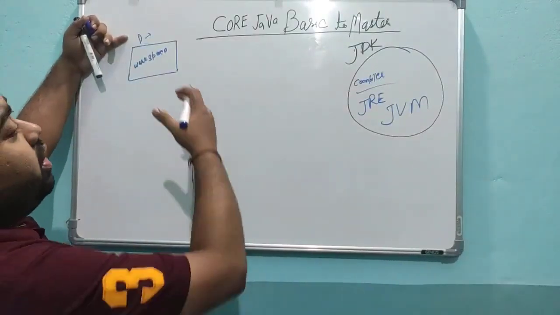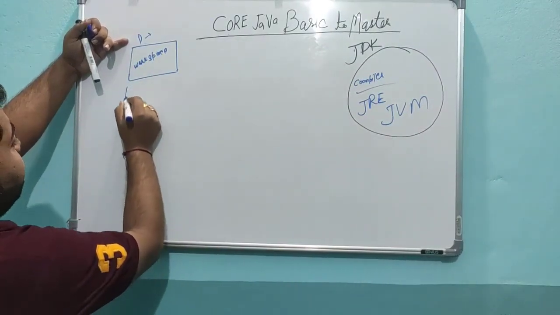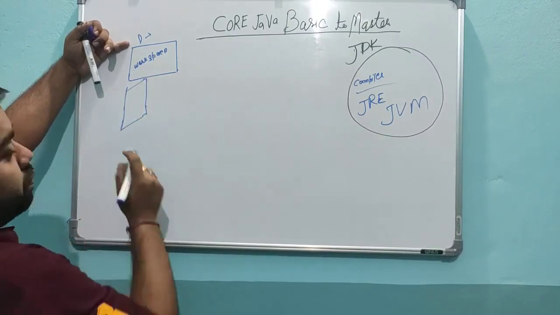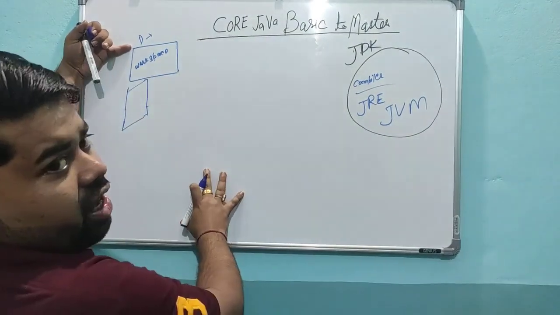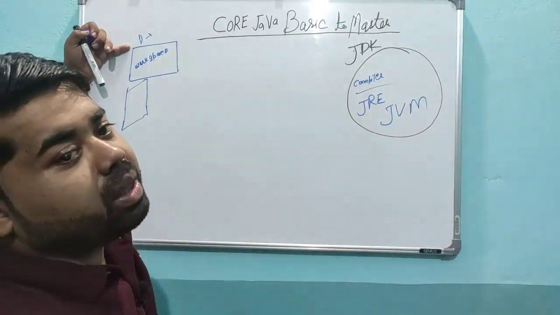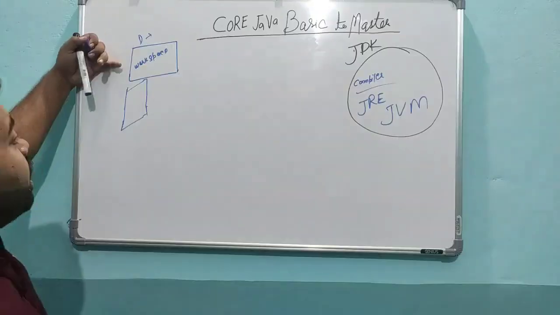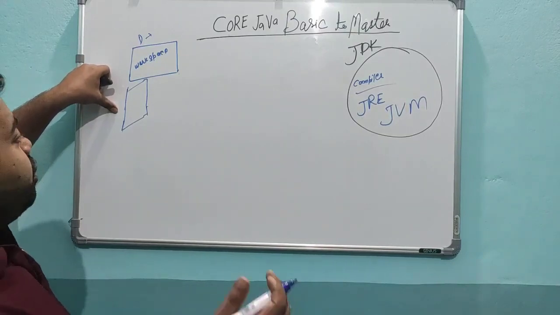This is my workspace. Inside this folder I am going to save any Java file. How to save it we can tell you in the practical, but today my agenda is how to execute your Java code.